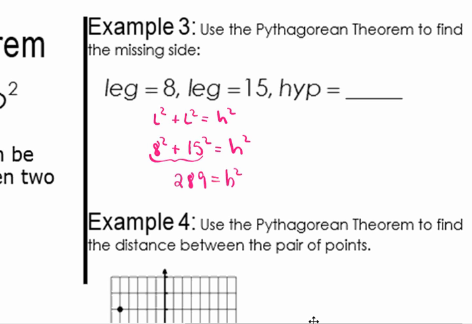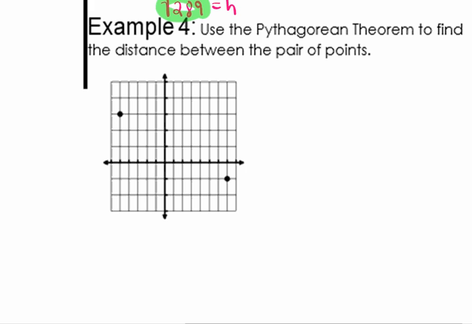Well, a square root undoes the square on the hypotenuse. And when I type this into my calculator, I find that my hypotenuse is 17. Now, they're not always going to come out so nice and pretty. Sometimes they're going to be a bit uglier, but that's okay. Our calculator can help us.